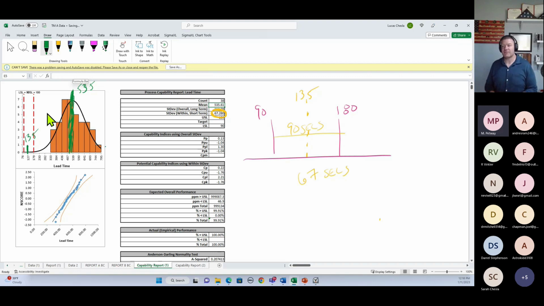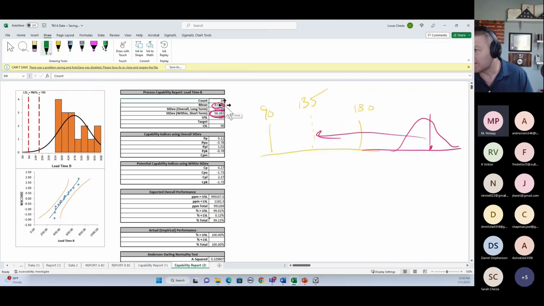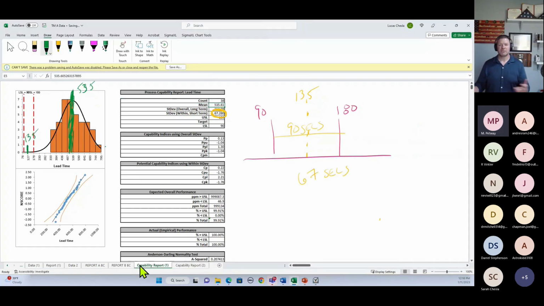My data is located at 535 if I'm team A, and it's located at 473, right here, 473 if I'm team B. And where is it supposed to be? Yep, 135, that's right. So it should be 135, and we're at 473 or 535. Cool, that's step one, right there.